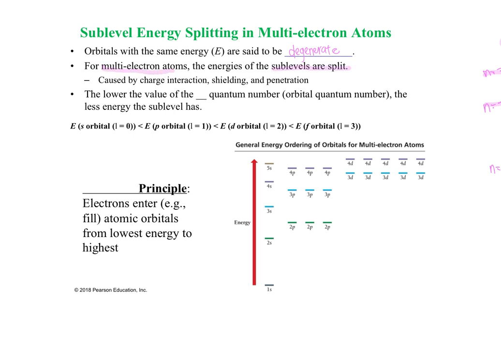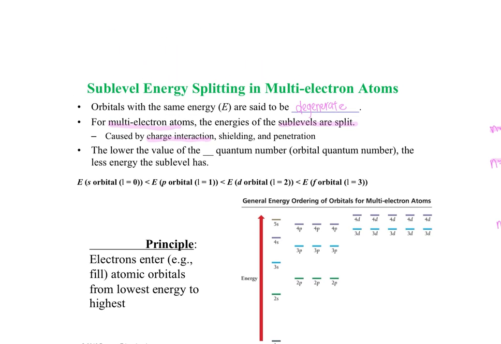A lot of this is because of charge interactions. These electrons getting close, fitting in the same orbital, are going to repel each other. And that repulsion causes the electrons to increase in energy. If you remember, we talked about in class, low energy is stable.